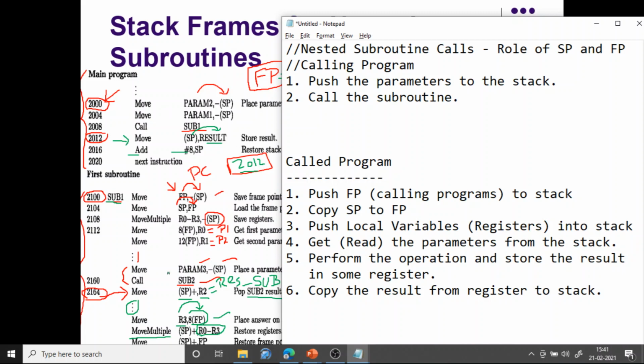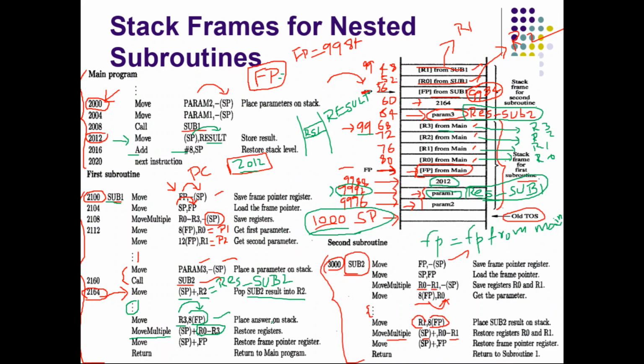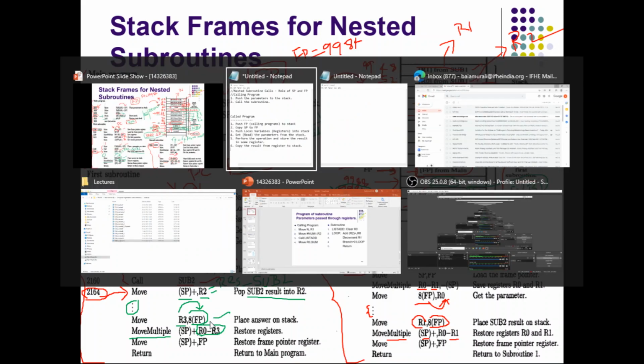That is what it is doing here: move r3 comma 8 of sp, that is used to place the result into the stack, so the result is copied to the stack.